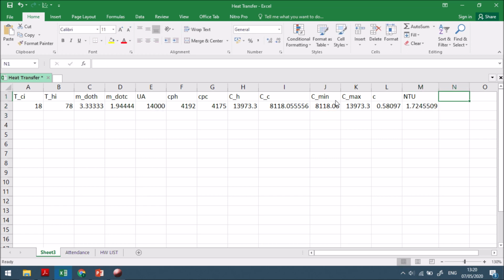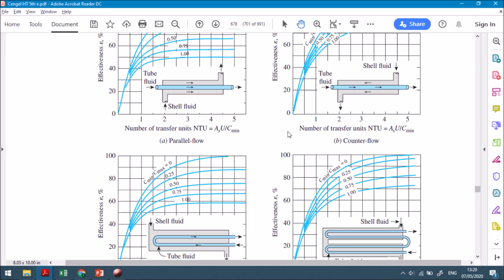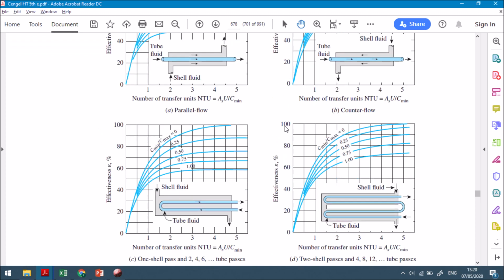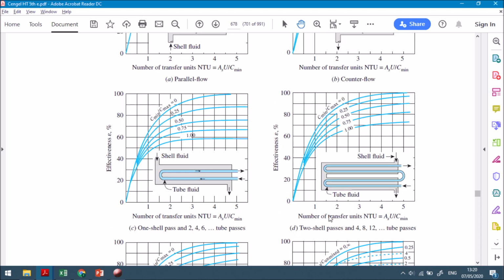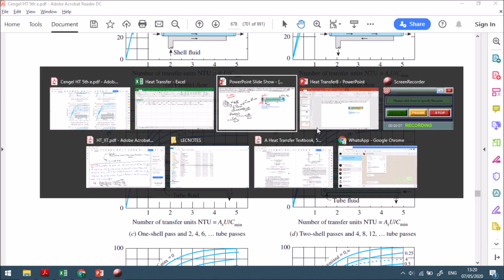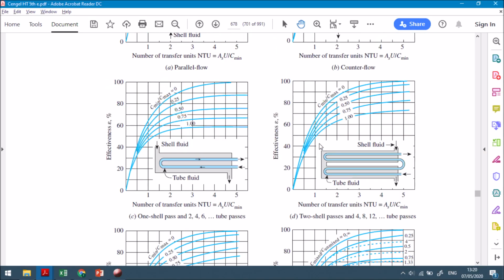Now I can go to the charts to find the values. I go to the tables, charts and graphs, and I have the figure here. I'm going to look for one shell and two tube passes.